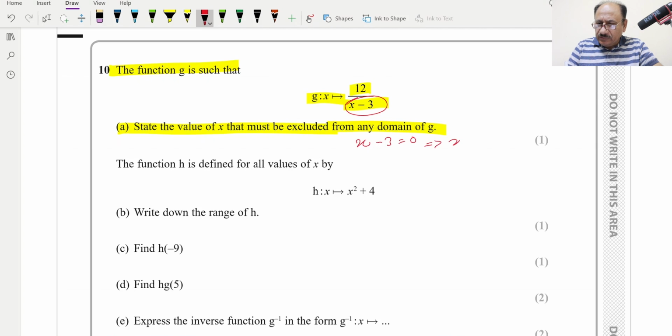This implies x should not be equal to 3. So 3 is the value we have to exclude. So we can write here 3 should be excluded.